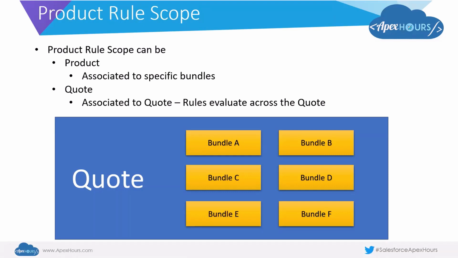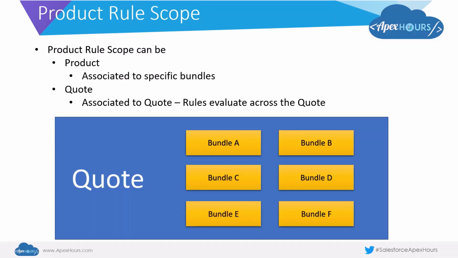So of all the rules we are looking to process, we are only examining the ones that are relevant. Whereas if we define rules that run at a quote level, they are going to run all the time. If we put all the configuration logic here, imagine we have a large product catalog with a large number of rules. We could just have a couple of line items on the quote, but we wouldn't know which rules we actually have to examine.